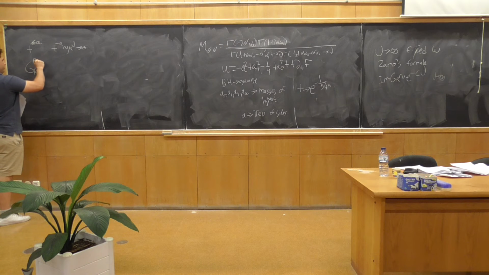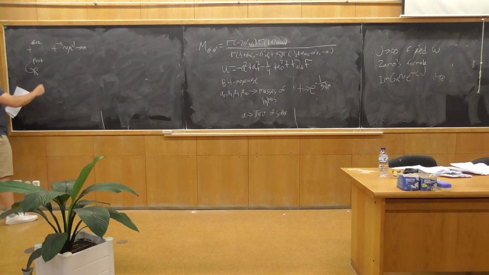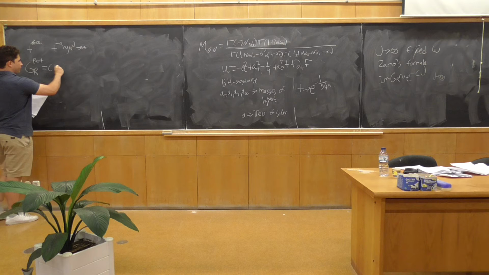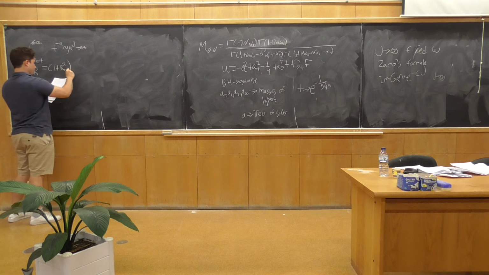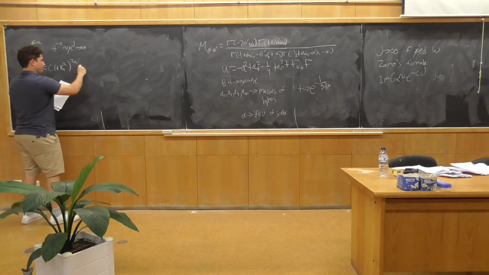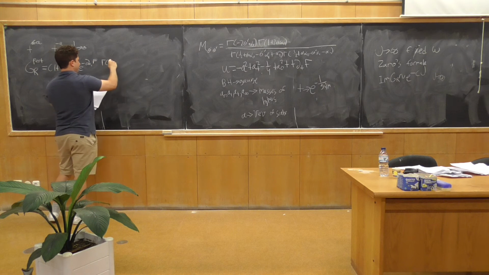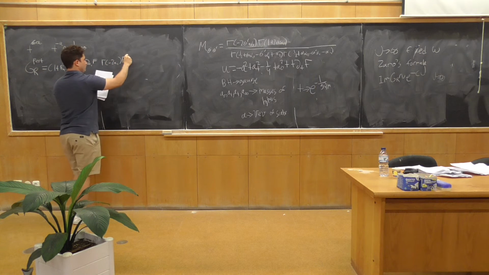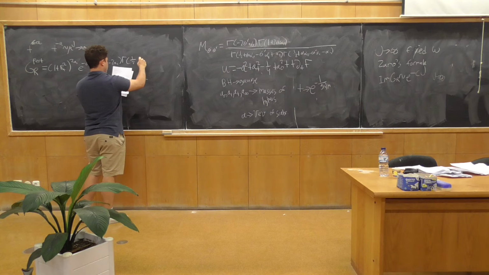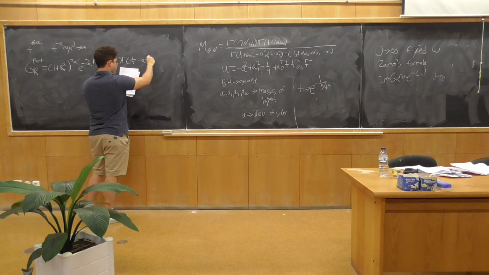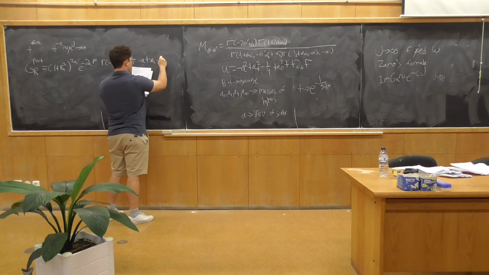So I'll call this G_R pert, because it's perturbative, and it looks like this. I don't have to write the denominator, but there's also a denominator.